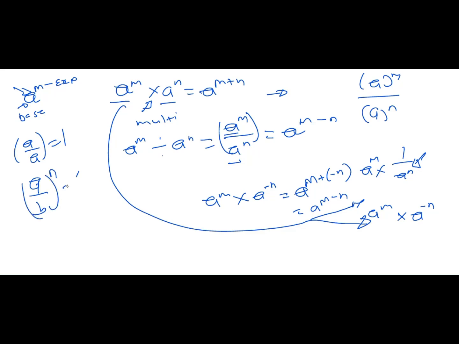This is the same as a to the power n divided by b to the power n. So this is the same as this one, and you're supposed to look at that.